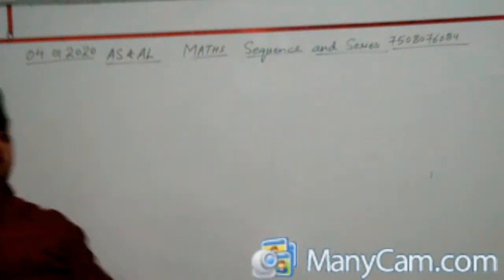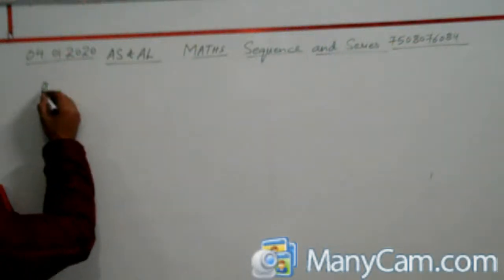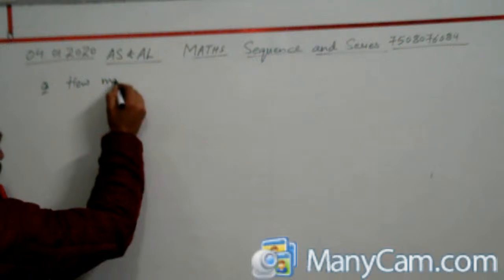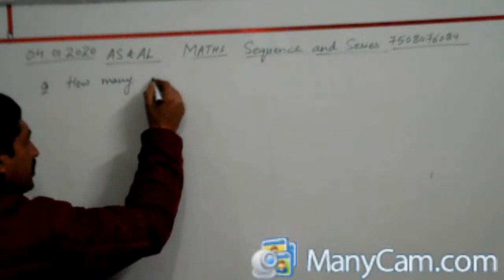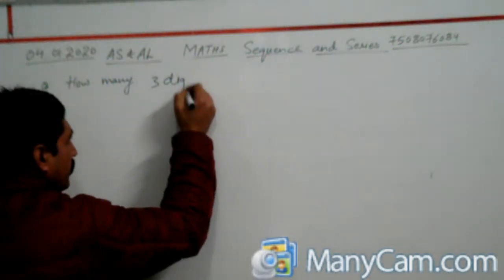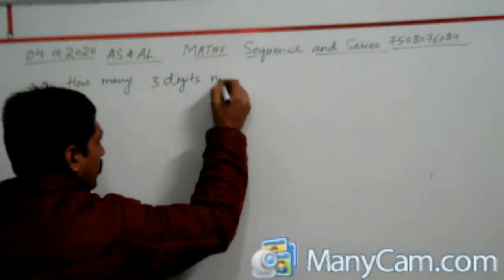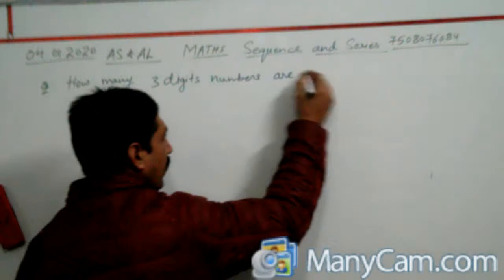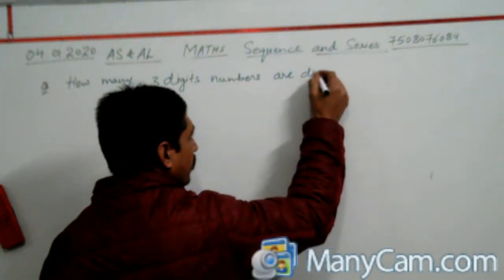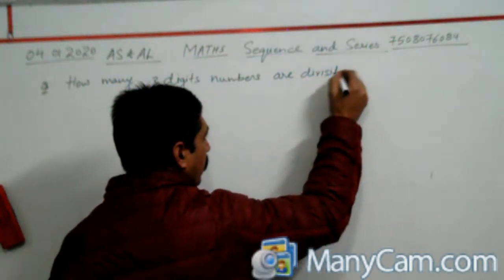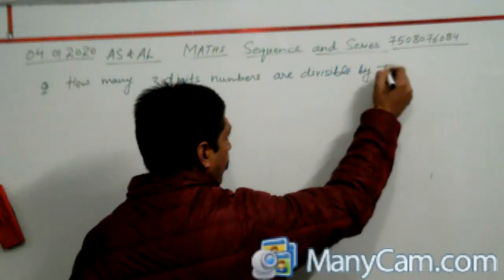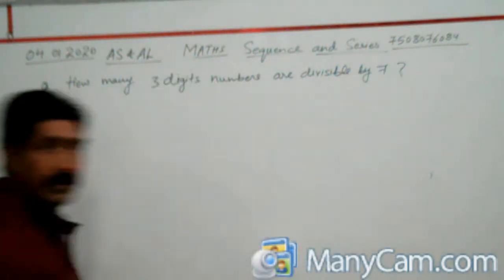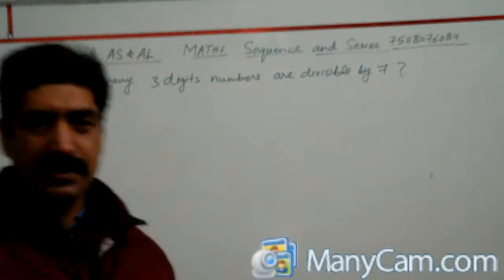How many 3-digit numbers are divisible by 7?